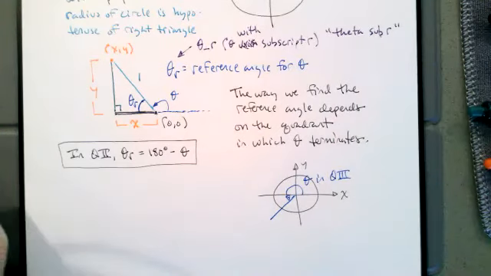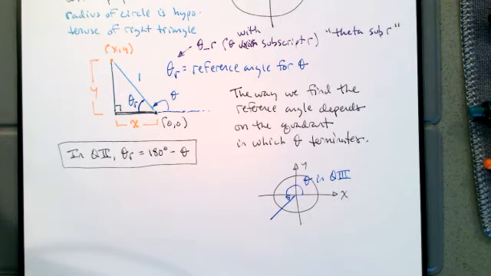A lot of times, instead of saying theta terminates in quadrant 3, I just say theta is in quadrant 3. When I say that, I mean the terminal side of theta is in quadrant 3.